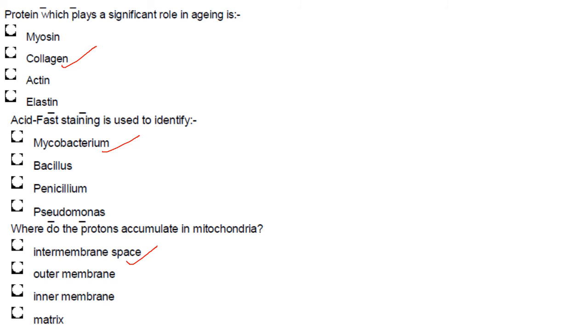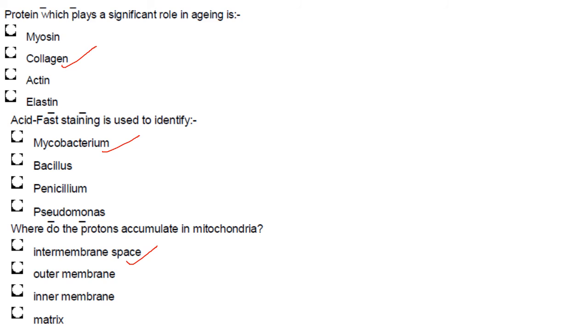Answer is option B. Then acid fast staining is used to identify Mycobacterium tuberculosis. So answer is option A, Mycobacterium. Where do protons accumulate in mitochondria? They accumulate in the intermembrane space.